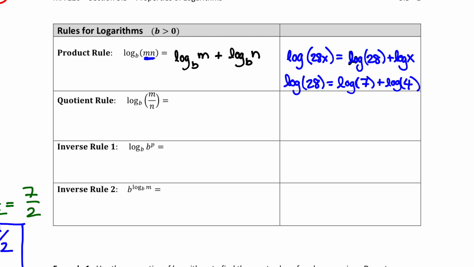All right, the second rule is called the quotient rule. The quotient rule is just like the product rule, except if you have a log of a number divided by a number, you can separate those logs by subtraction.